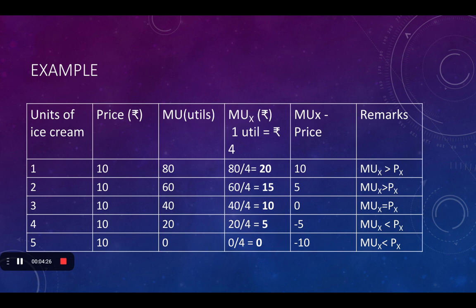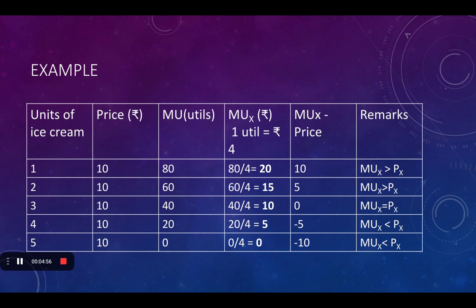In the third unit of consumption, marginal utility has further fallen to 40 utils and in terms of money 10 rupees. In the next two consumption units of 4 and 5, MU in utils has fallen to 20 and 0 utils, and in terms of money, MU has become 5 and 0 rupees respectively.